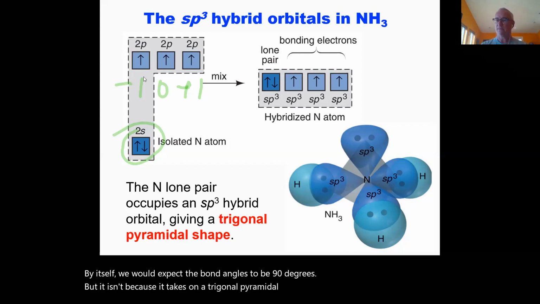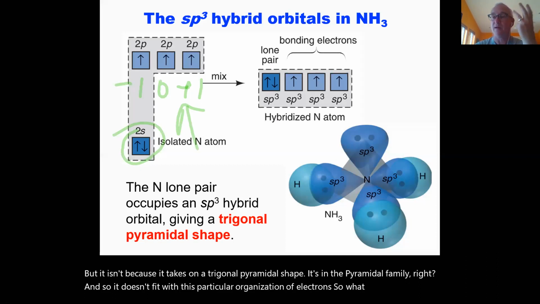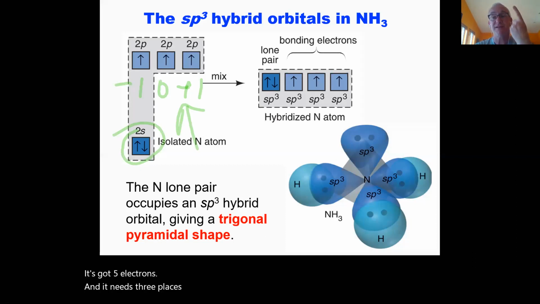It's in the pyramidal family, right? And so it doesn't fit with this particular organization of electrons. So what happens? Well, it's got 5 electrons, and it needs 3 places for bonding. It also needs a 4th place because it has a lone pair.